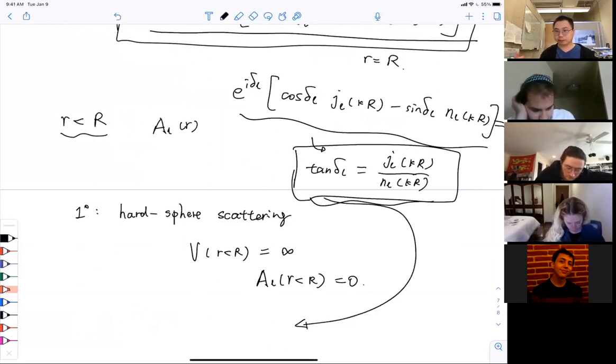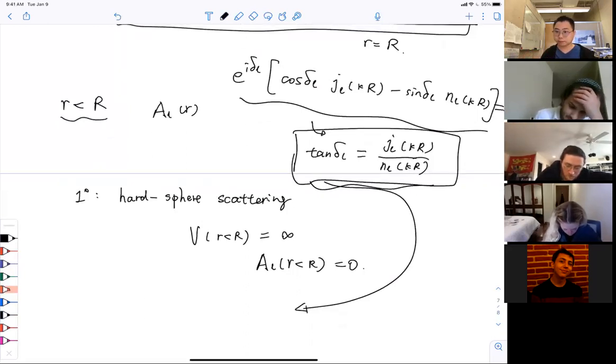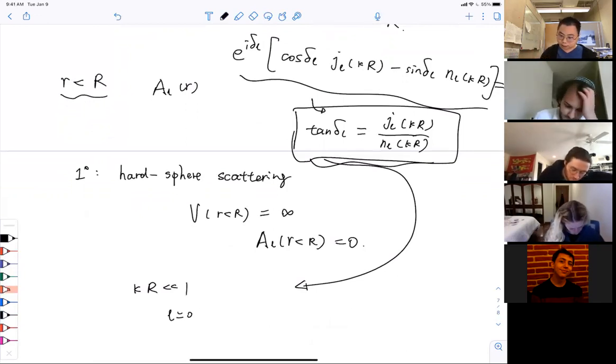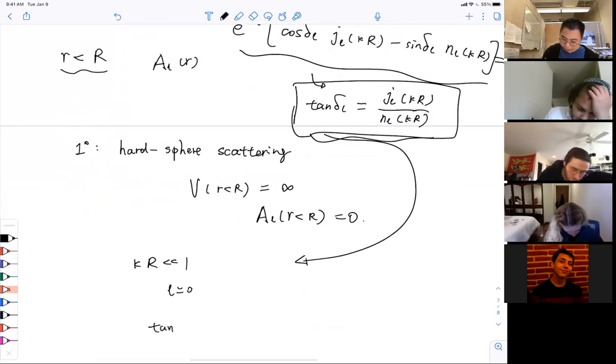Then this is the expression for delta L. This is a general expression without any approximation. We haven't done any approximation, right? Of course, you can assume KR is much smaller than 1, meaning that only L equal to 0 is important in the scattering process. Then we only care about this delta 0.